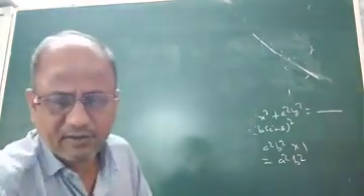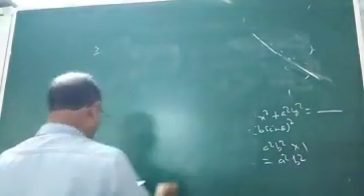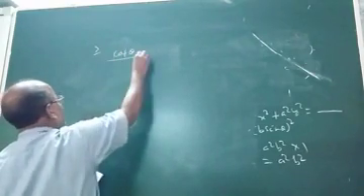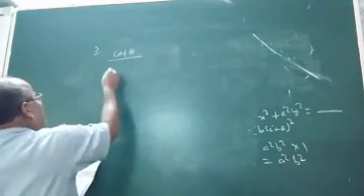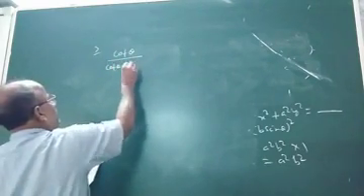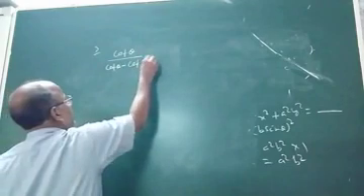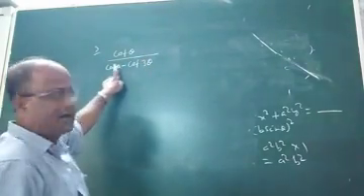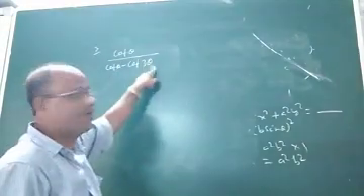Question number 3. Suppose you are given to evaluate, to find the value of cot theta divided by cot theta minus cot 3 theta. Here 3 theta itself is an angle, like theta is an angle, 3 theta is also an angle.